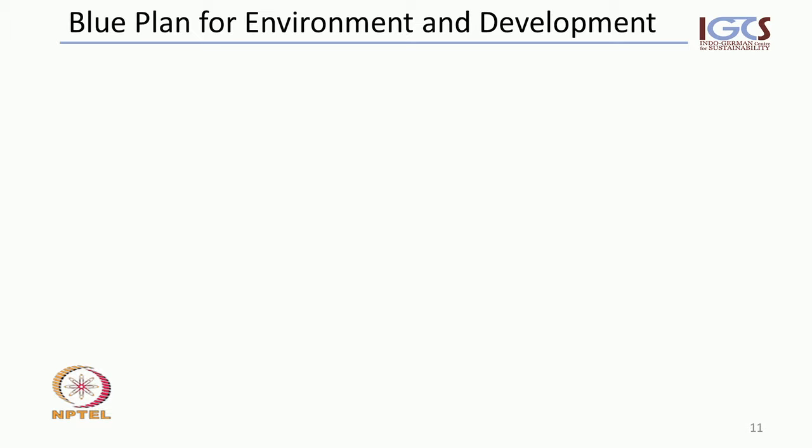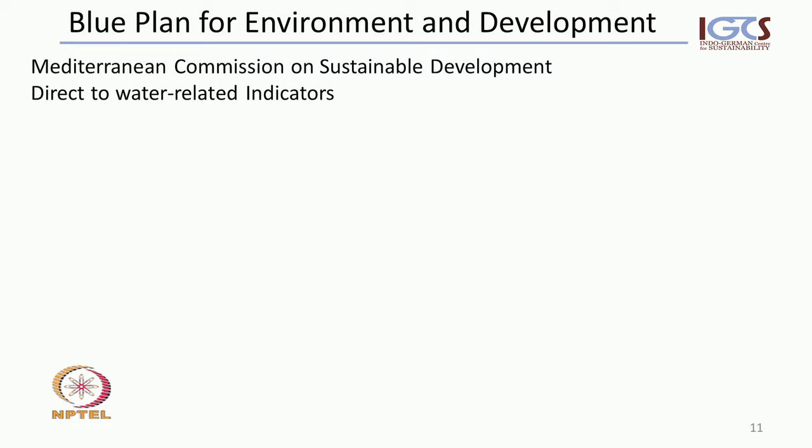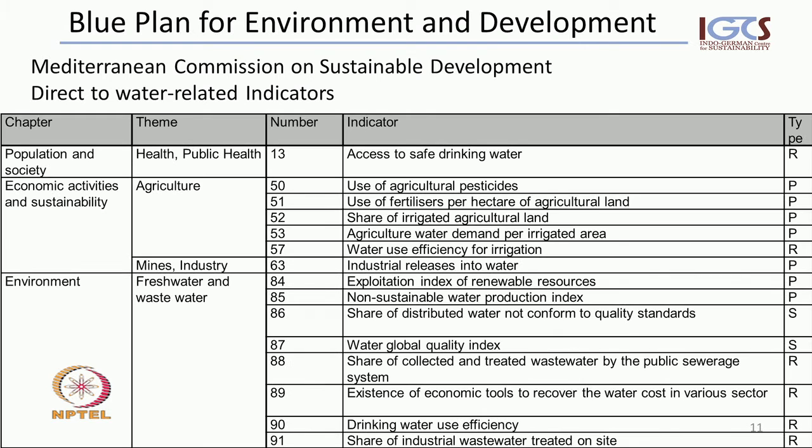Now, another example that we can find is the so-called Blue Plan for Environment and Development, and this was developed by the Mediterranean Commission on Sustainable Development. That commission is composed of representatives of the Mediterranean countries, all of them sharing the Mediterranean Sea, and in that also sharing the problems of water pollution occurring in that sea and along the coastlines.